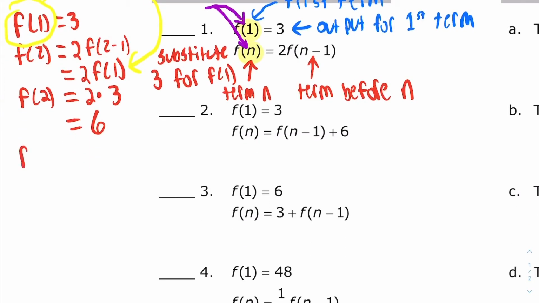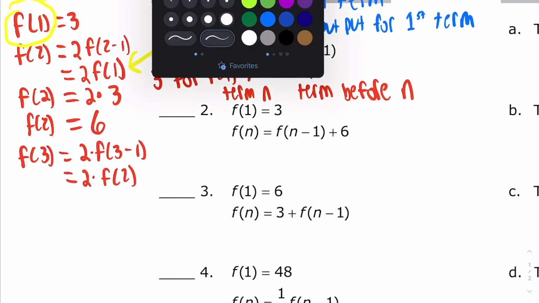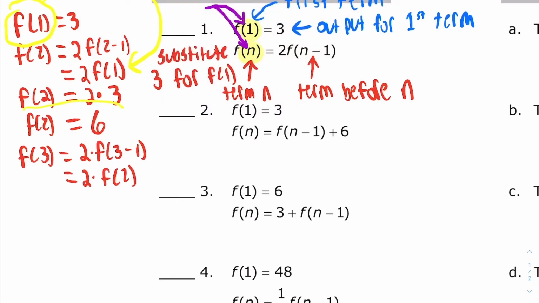We need to go farther though. f3 equals 2 times f3 minus 1. Then we simplify what's inside the parentheses, 2 times f2, and we just got the answer for f2. The answer for f2 was 6.